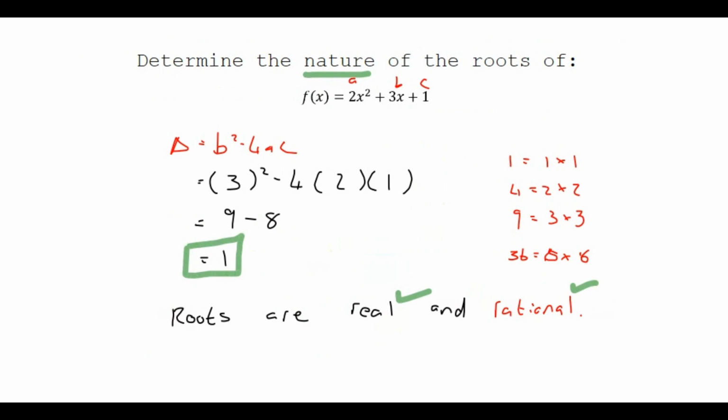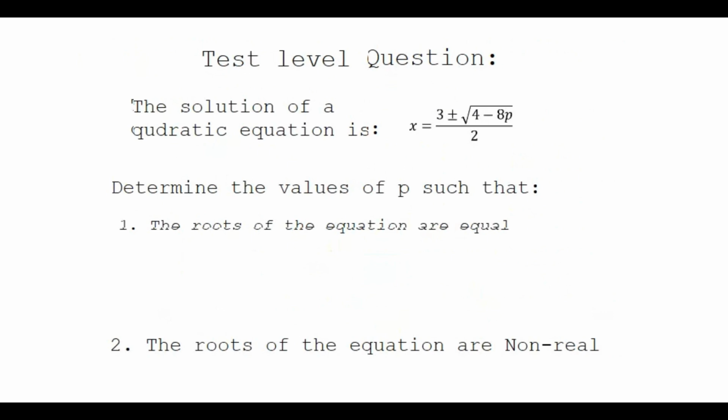Let's apply it in a test level question. In your test, they're going to ask you something similar to this. They'll say the solution of a quadratic equation is, and here it's provided that x is equals to 3 plus or minus the square root of 4 minus 8p, over 2, and they ask us determine the values of p such that, and let's start at the first question, I'll get to the second one later. Focusing on the first question, the roots of the equation are equal.